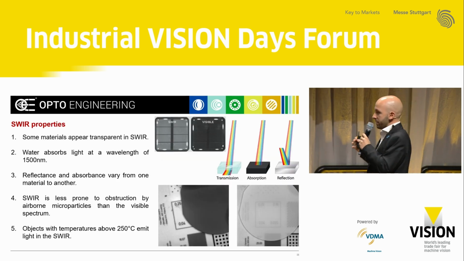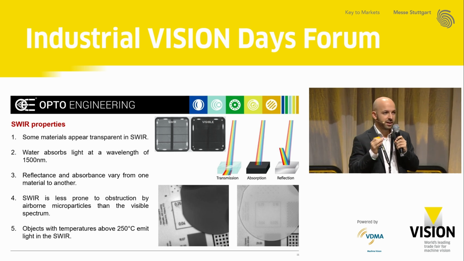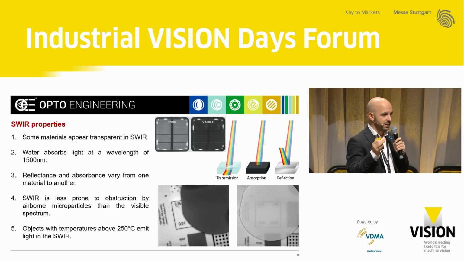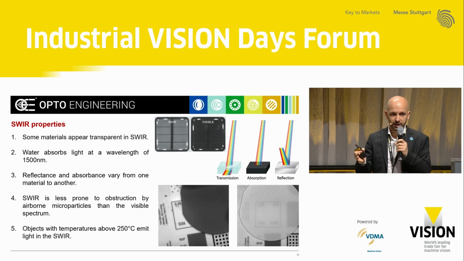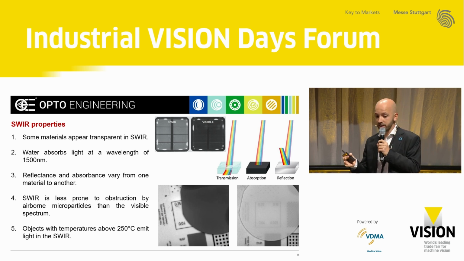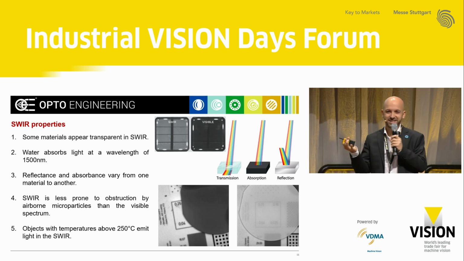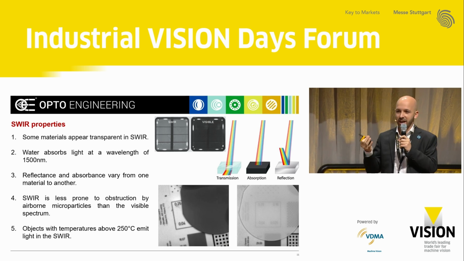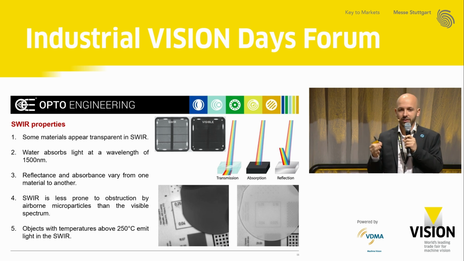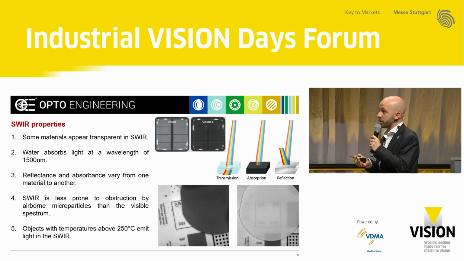Opto Engineering has developed its Itala G series, which are G-SWIR sensor-based cameras that combine the SWIR properties given by the physics with the key advantages given by the SWIR technology.